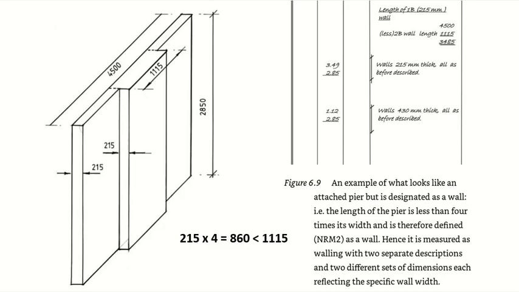You have the whole wall, and this wall has a projection. I check, should I take the projection only in terms of height, or should I take the projection as square meters? First check: thickness multiplied by 4 is less than the length, so I will take it as a separate wall. Clear? The first thing I found is the projection should be taken as a separate wall.